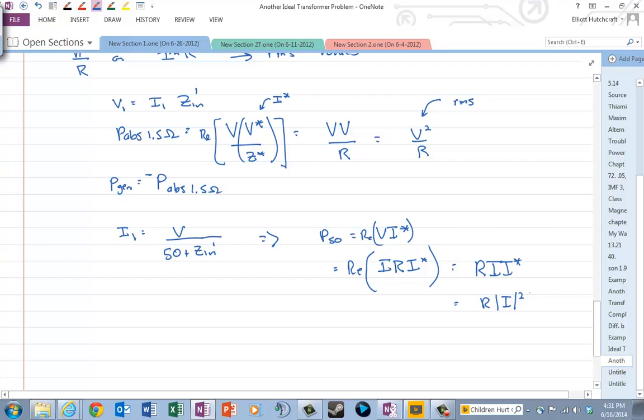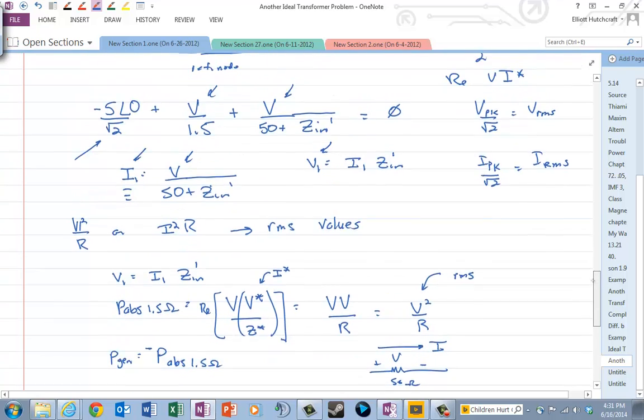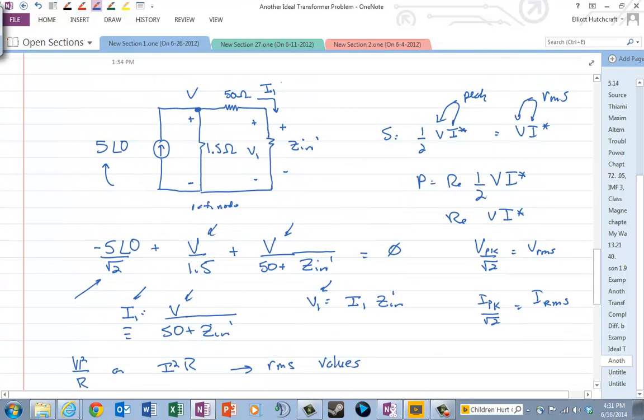And I should be careful that this is not V1. The voltage I'm talking about now is V across this 50 ohm, and the current is I through that 50 ohm, and that current in this case is this current right there, and so that is I1.